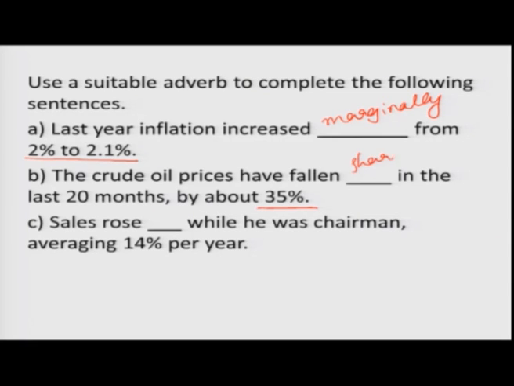Say, the crude oil prices have fallen sharply in the last 20 months by about 35%. Look at number 3: Sales rose blank while he was chairman, averaging 14% per year. Here again, 14% per year, you think this is very huge, very significant. So, you can use something like dramatically here.